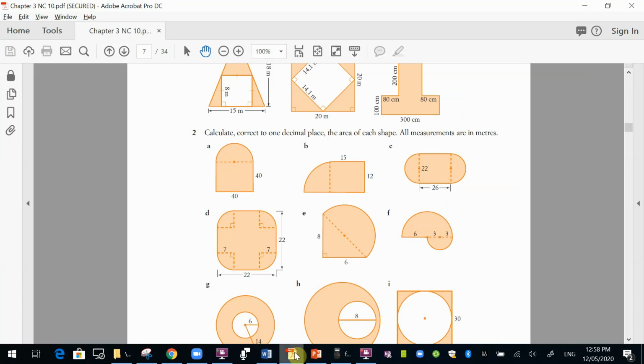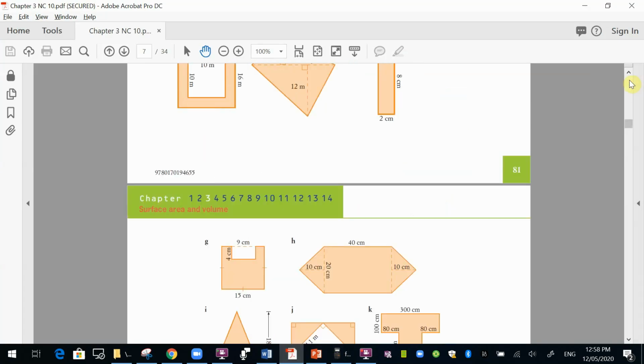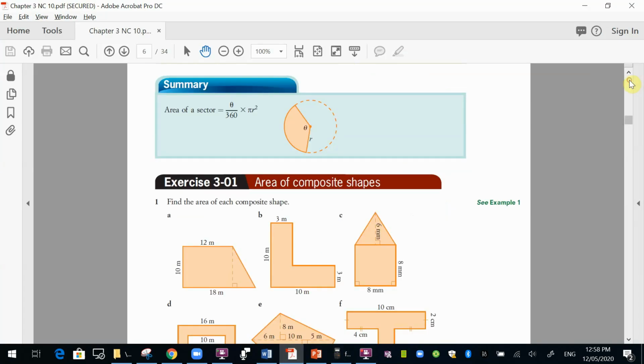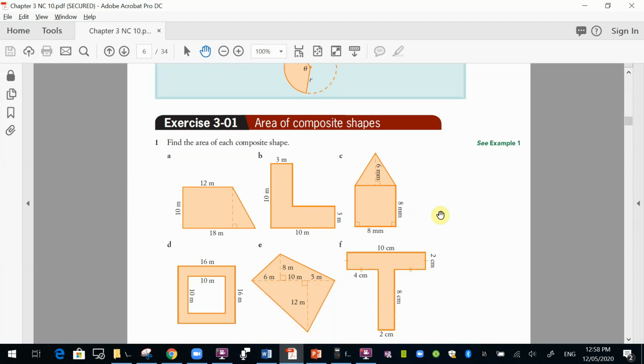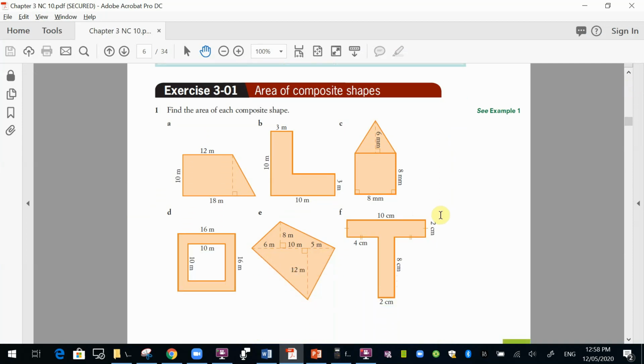Okay, let's have a look at what the textbook says. Area of composite shapes. Now there are two types of composite shapes. One's where the shapes are added together, like this one, and this one, and this one, and this one, and this one.